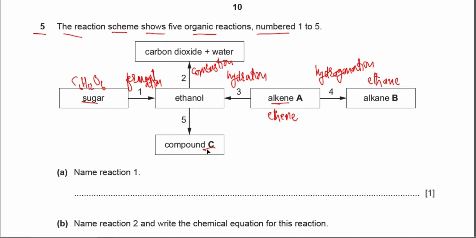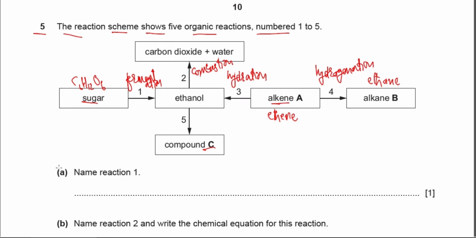Generally ethanol can react with metals to produce compound C, or the ethanol can be oxidized to produce compound C, which could be a carboxylic acid, but I can't say anything until I see the full instructions given by the examiner. So this was the brief description of this reaction scheme.